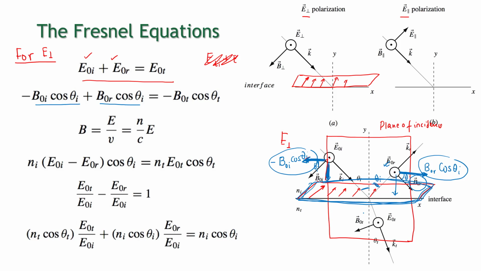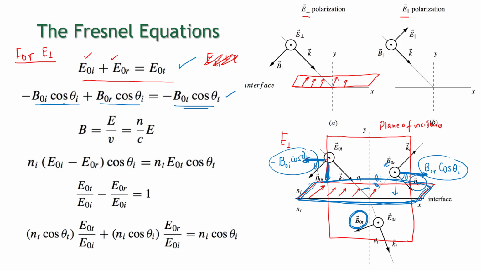So that means the tangential component of that would be that. Okay, so we have two equations, this one and this one. Now we want to write both in the same variable.